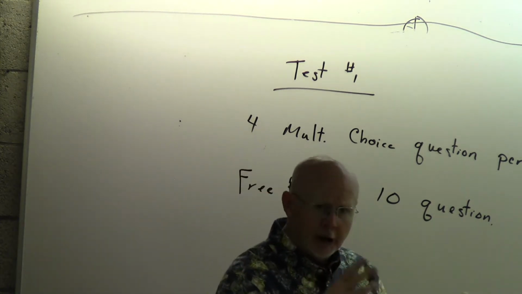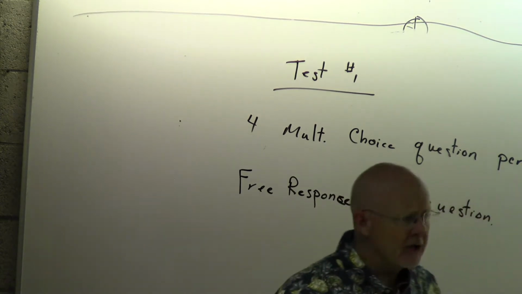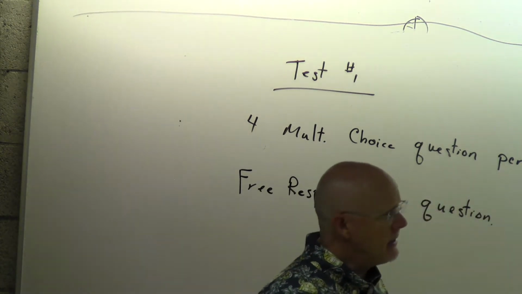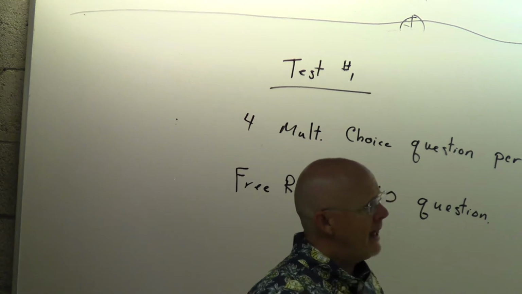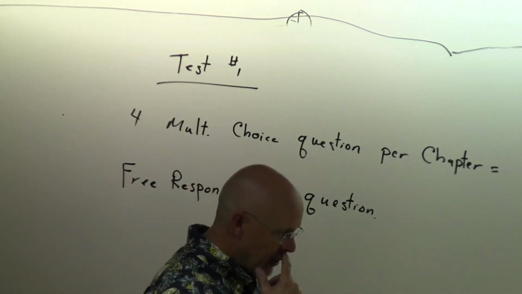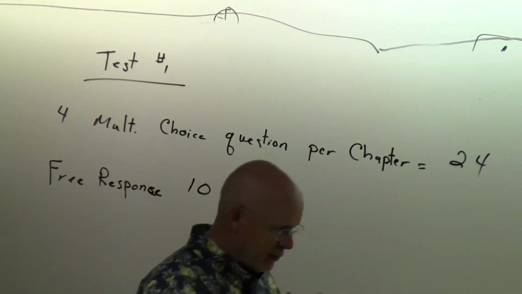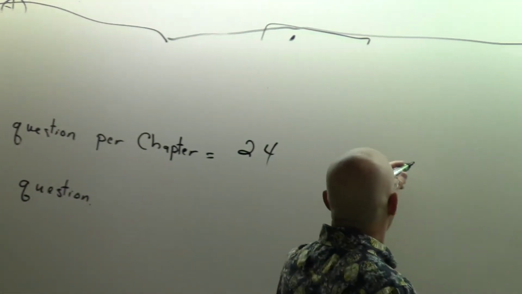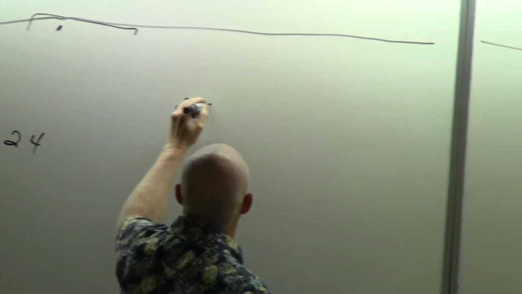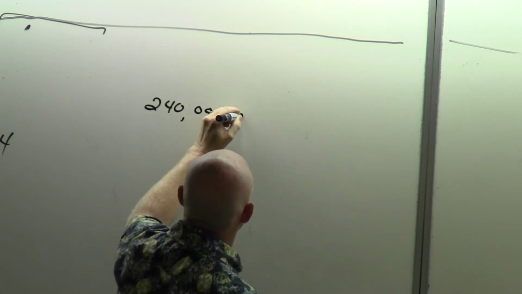For example, earlier in today's lecture, in lecture 1, I said that the distance from the Earth to the Moon is 240,000 miles.